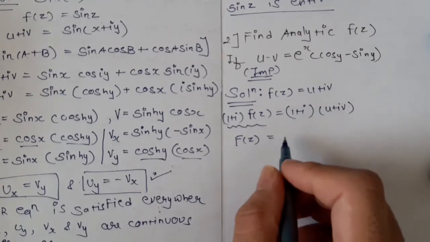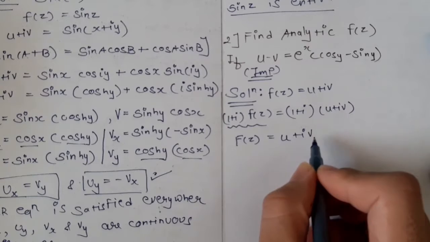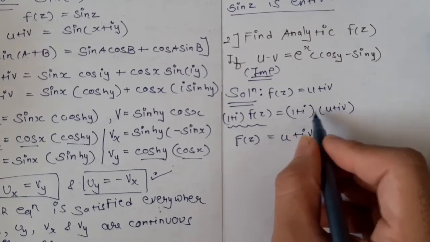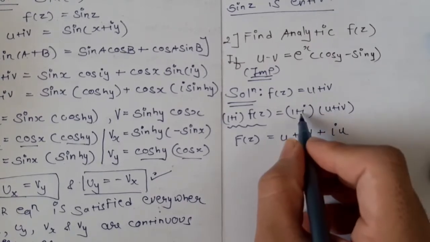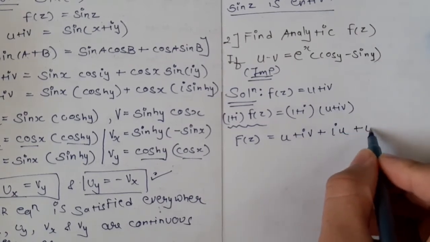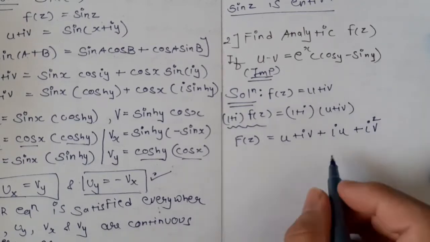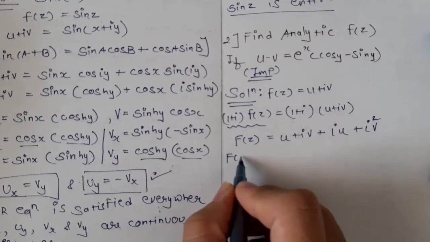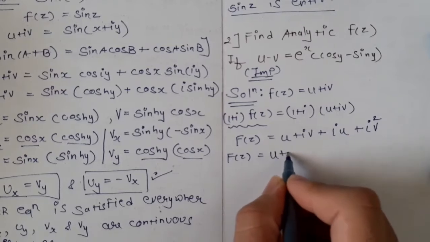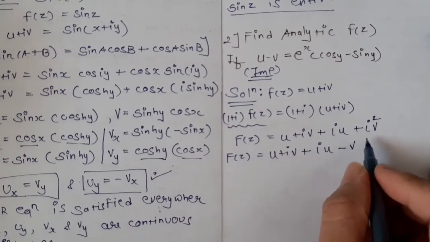Now open this bracket, that is 1 into u, 1 into iv. So it is u plus iv plus this i into u plus i into iv, that is plus i square into v. So this capital F of z is equal to u plus iv plus i into u minus v. Why minus?